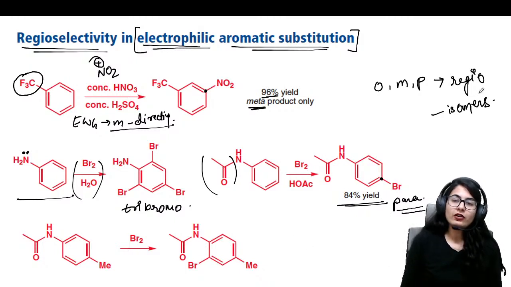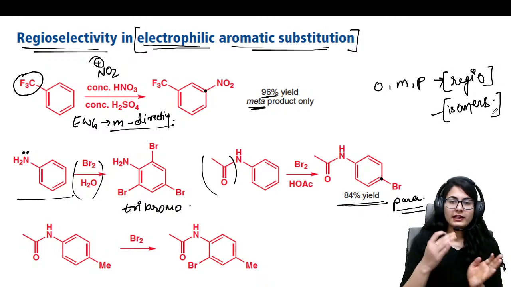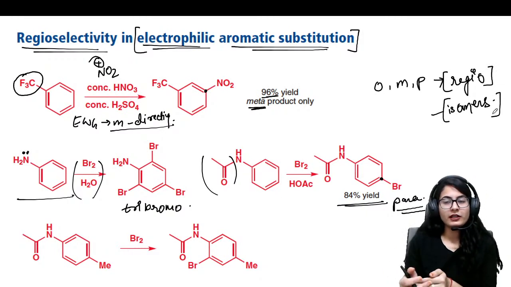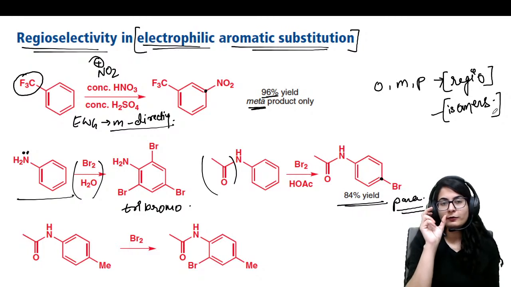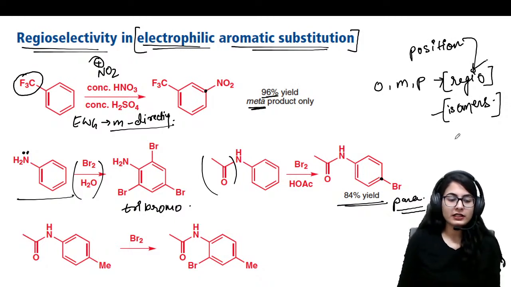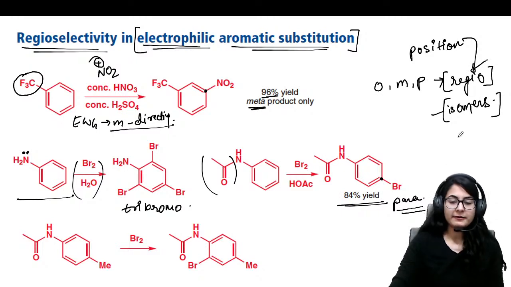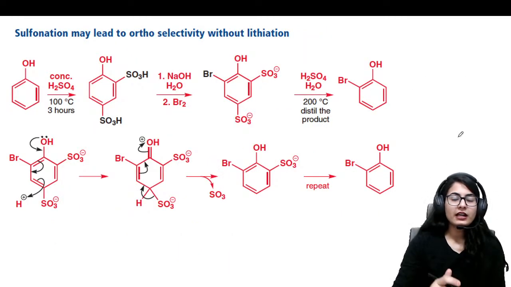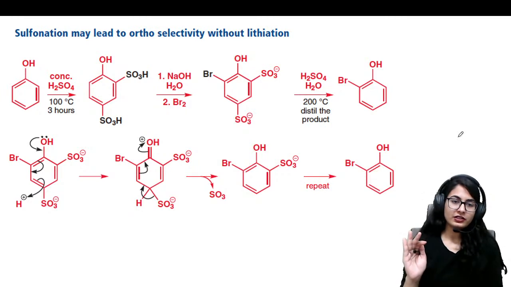All of it is regioselectivity. We want some group to attach to some position of a molecule. That position, whenever we talk about position, that is going to be region or regioisomer, regioselectivity. Absolutely.